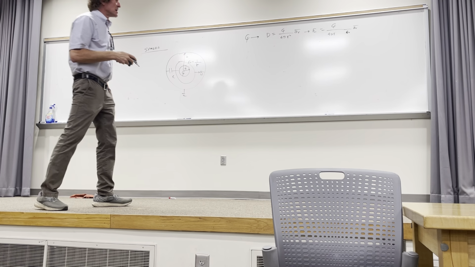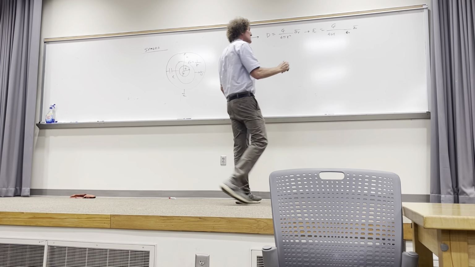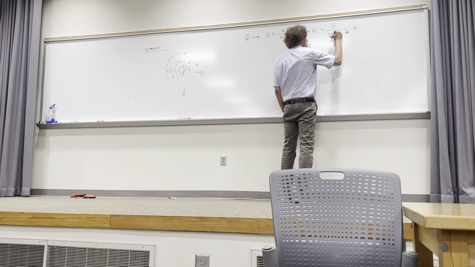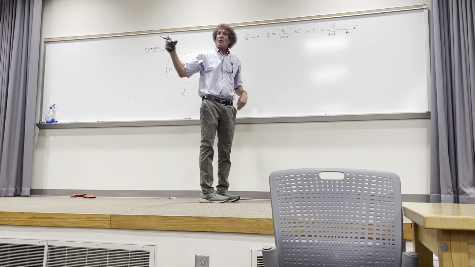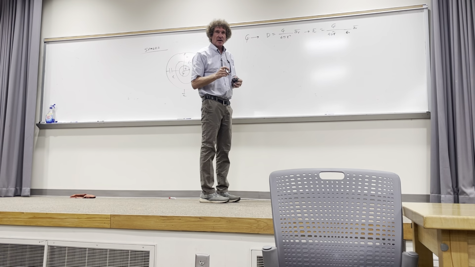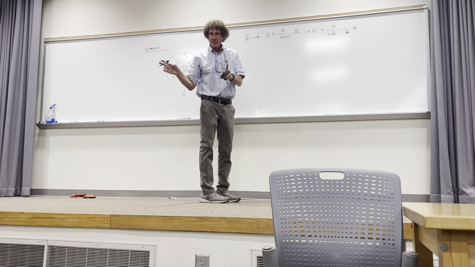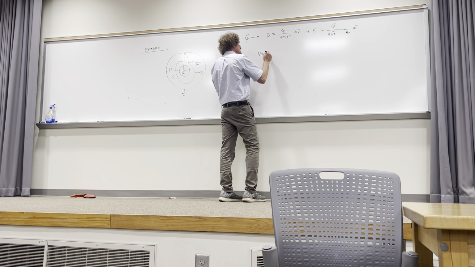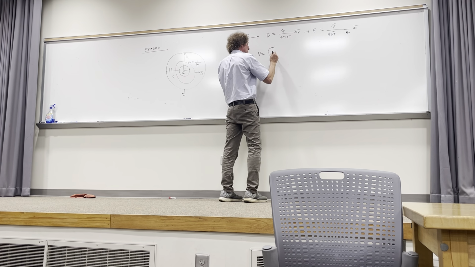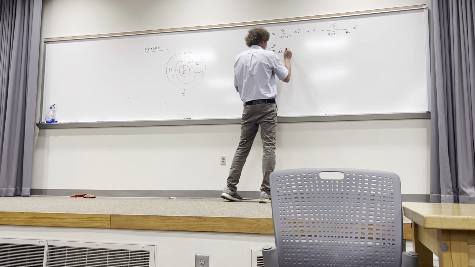Now that I have that, what's my next step? Some of you know by now. Integrate E to find voltage. I want to find the voltage between the inner and outer conductor, and I only care about the magnitude. Y'all follow me on that? Don't worry about the sign. So I'm going to get the voltage by saying it's the integral of E dot dl from the inner A to the outer B, but really it's the magnitude of that.